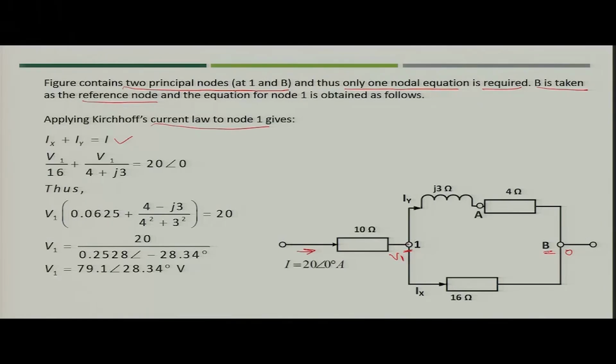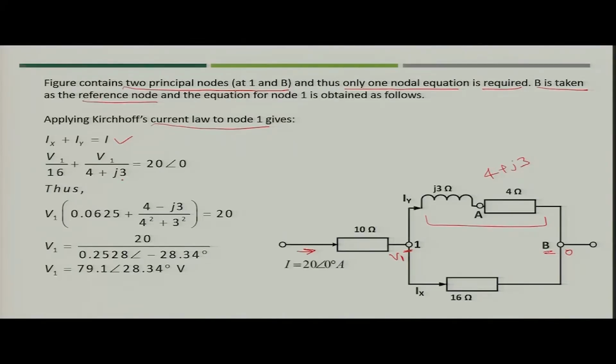Similarly, for IY, what you can write? You can write V1 divided by the impedance of the complete branch. So, what is the impedance now? This is resistance, so this is 4, this is inductance, so you can just simply write J3. So, what would be the current IY?